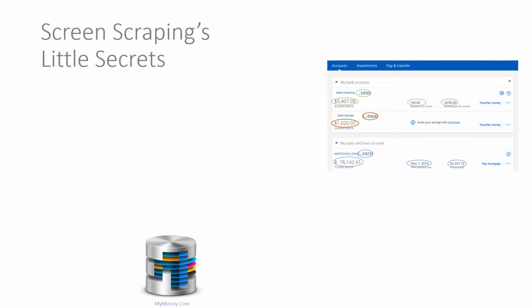So here's mymoney.com. MyMoney.com understands what Big Bank's account summary page looks like and knows exactly where these pieces of information are going to fall on the page. And so, boom, checking, savings, and mortgage all fly into mymoney.com.